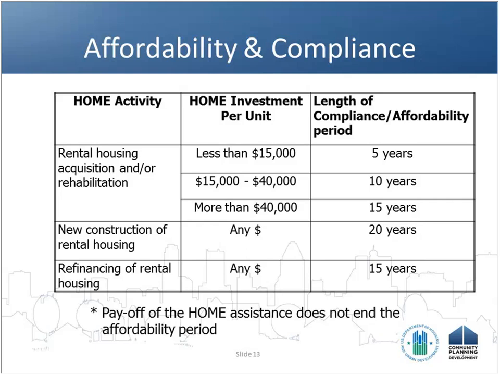And that might give the PJ not only a little relief on some of the oversight requirements, but also provide a little flexibility. If during that extended affordability period there were some risks to that project, the PJ would be able to negotiate and intervene during that time period.